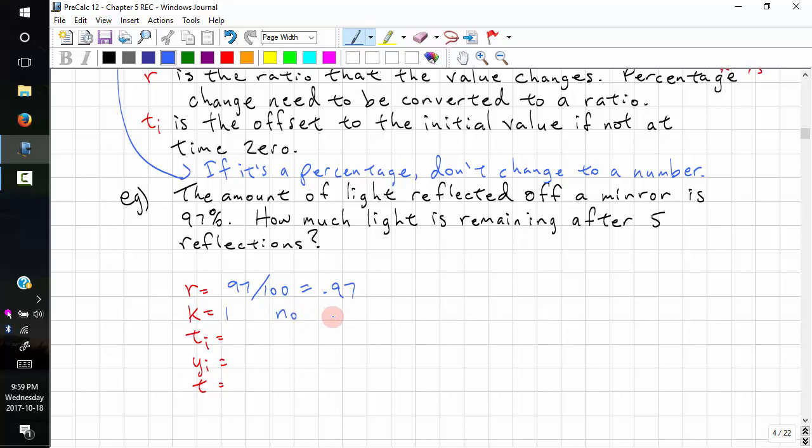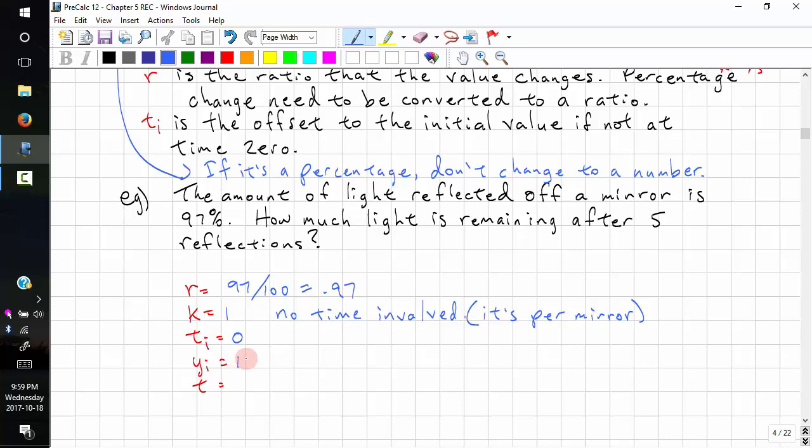There's no time involved as well. It's per mirror. ti, well, at time 0, we know the value at time 0. It doesn't specifically say, but it's inferred.